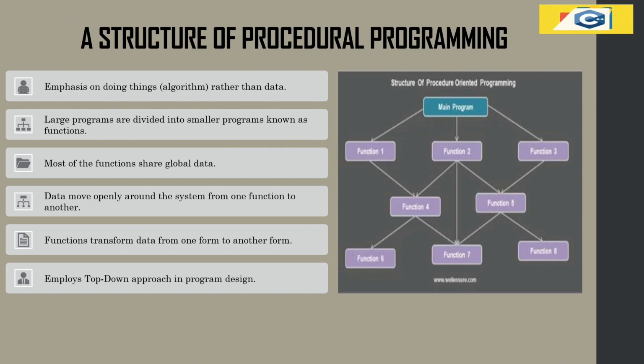So large programs are divided into smaller programs known as functions to reduce the complexity of the program. And most of the functions share global data.